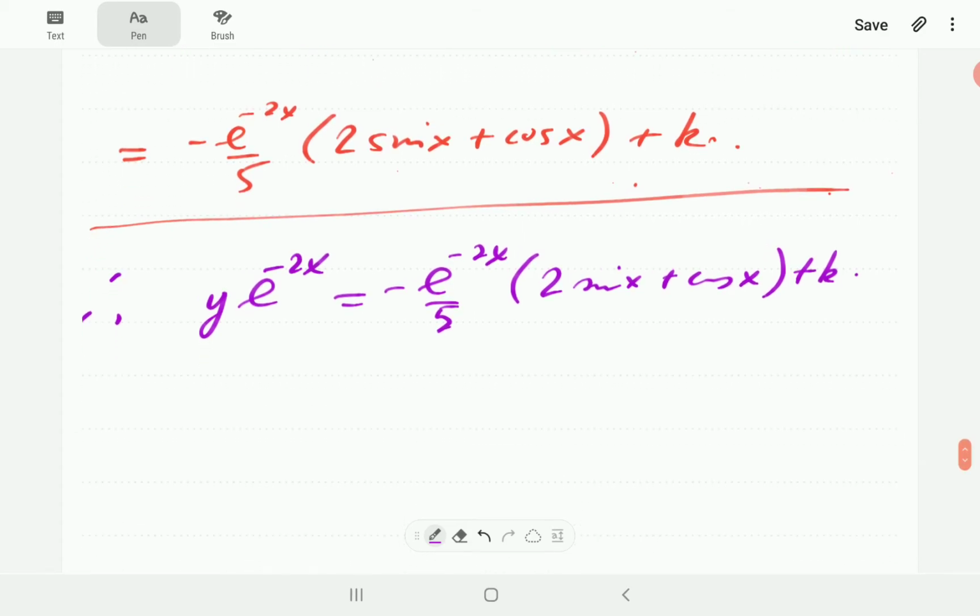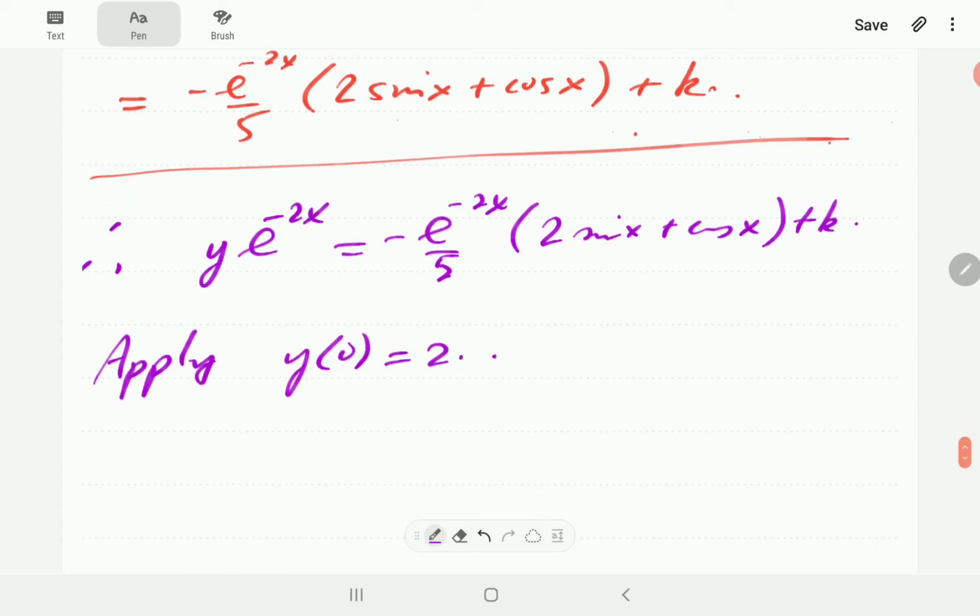What we can do is apply that boundary condition at this point. The initial condition, so when x is 0, y is 2. So that means the left hand side is going to be 2.